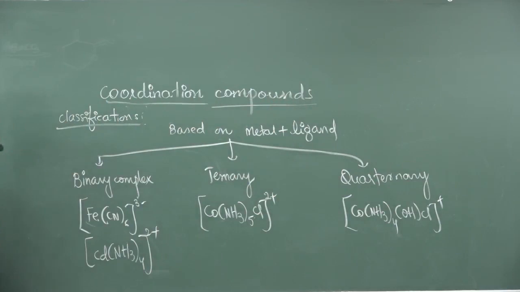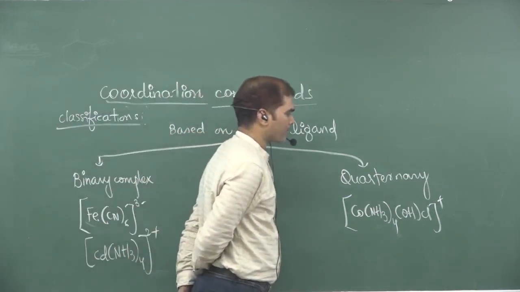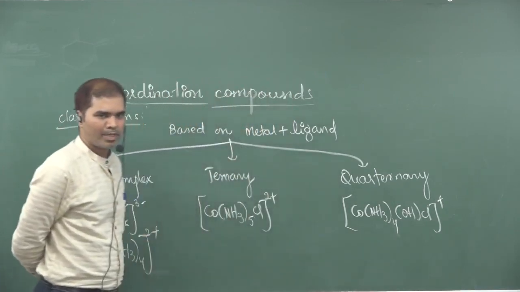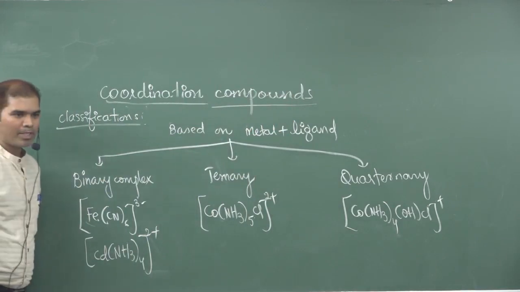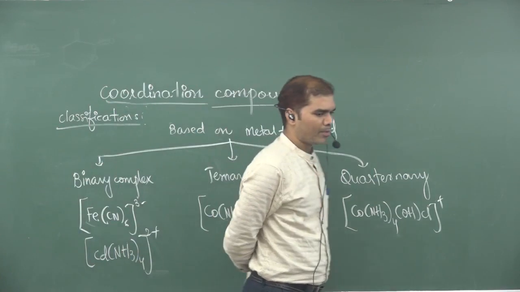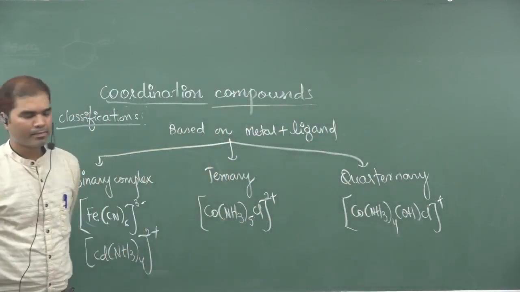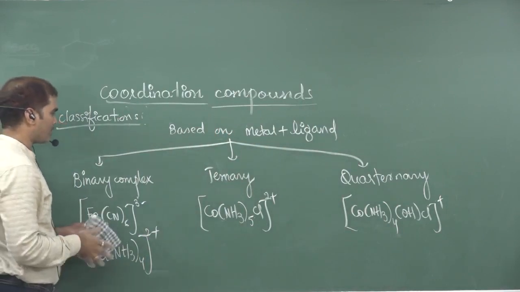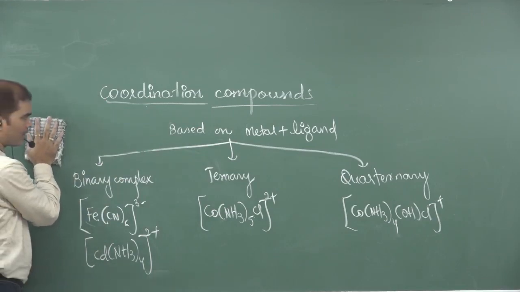You need not go to quinternary, that is 5. 5 also you will find examples. Whenever we are working out the IUPAC names, we'll come across. But most common are binary and ternary. Above ternary you have quaternary and quinternary. So these are different types of classifications.